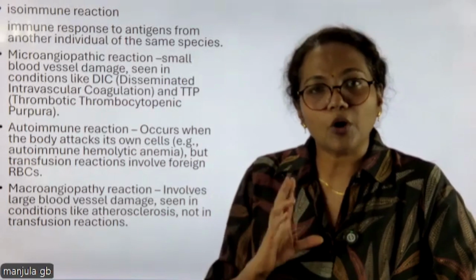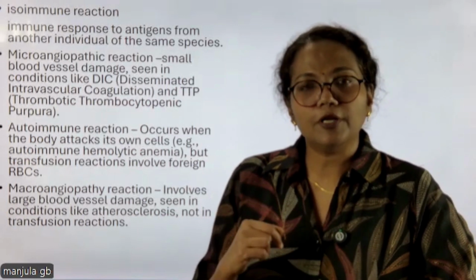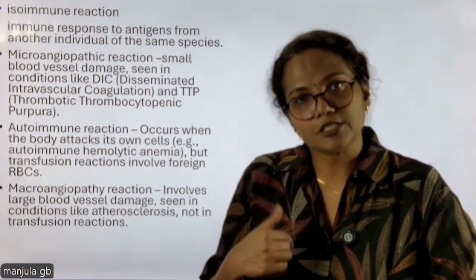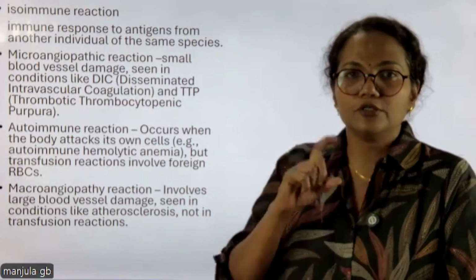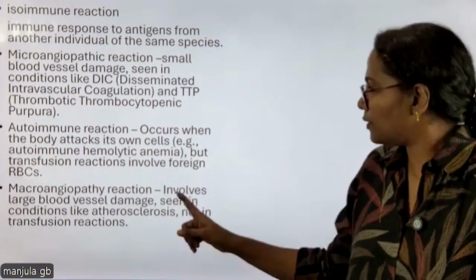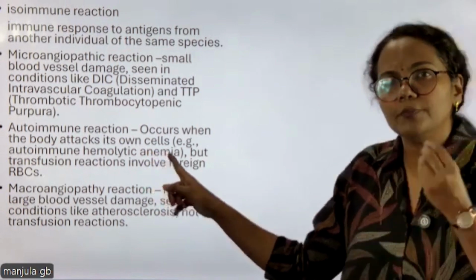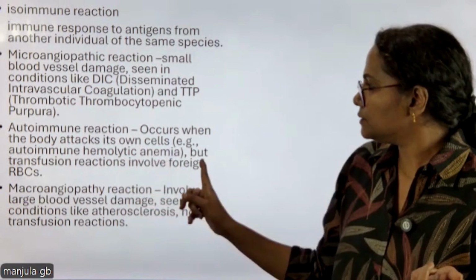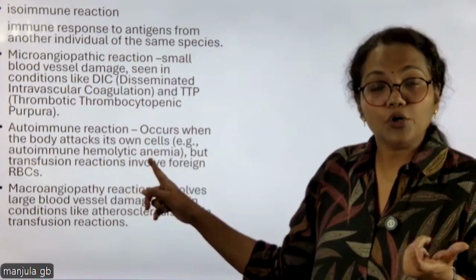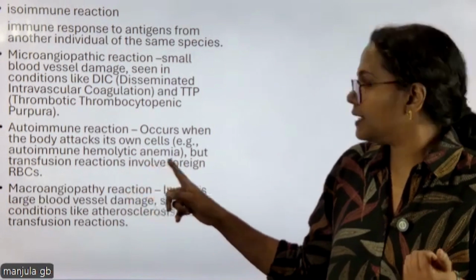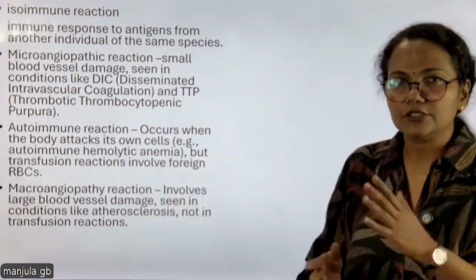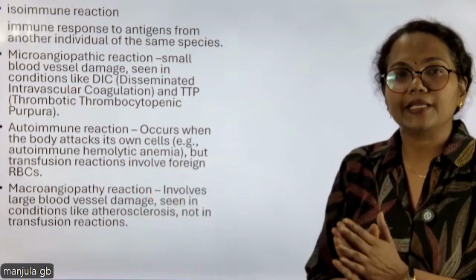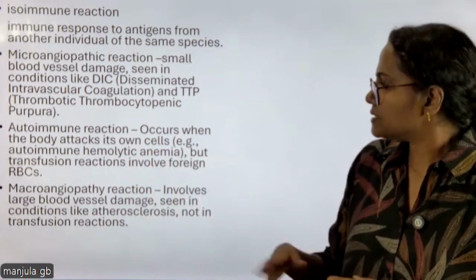Okay, what about autoimmune reaction? Your body is producing antibodies against your own body, right? Autoimmune reaction means your own body cells are being attacked, as in the case of autoimmune hemolytic anemia, where your body will break down your own RBCs.